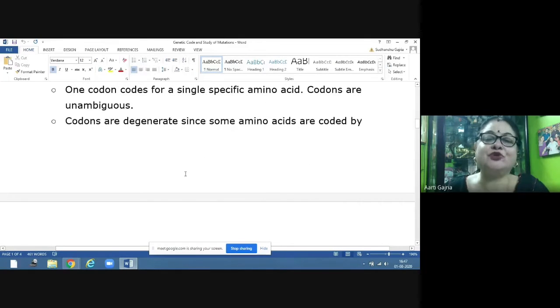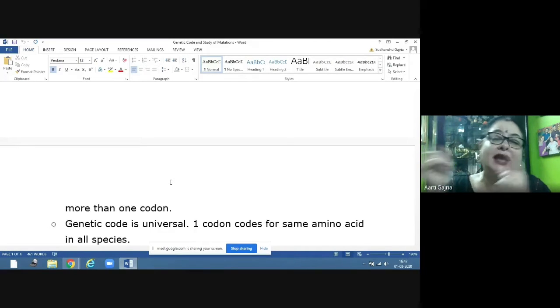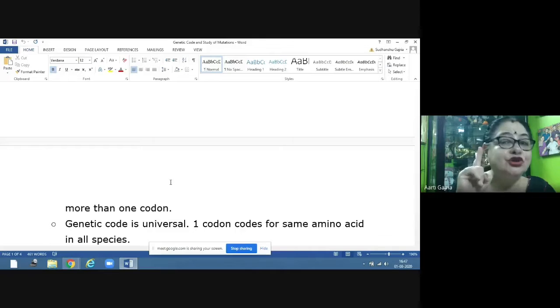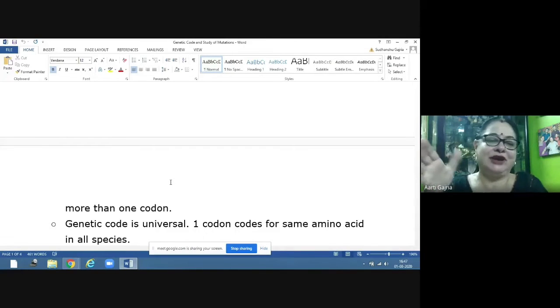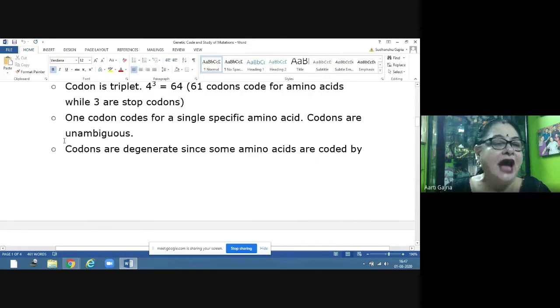There are some amino acids which are coded by more than one codon. One codon can code only for one specific amino acid, but many codons can code for the same amino acid. So this property is called degenerate.